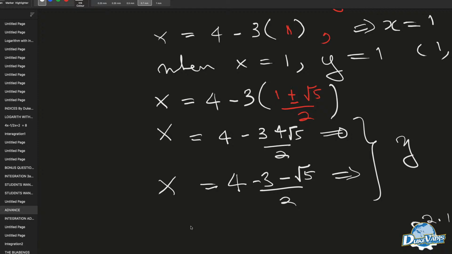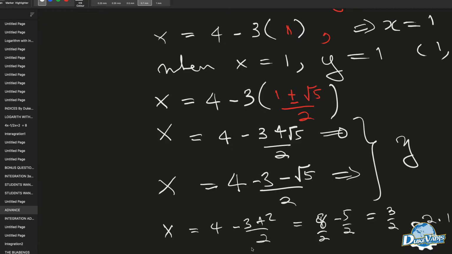So let's take it to be 2 for a plot, for instance. So our first x will be 4 minus 3 times (1 plus 2) all over 2. That will give us 4 minus 9 over 2, which is 8 over 2 minus 9 over 2, so this one will give us minus 1 over 2.